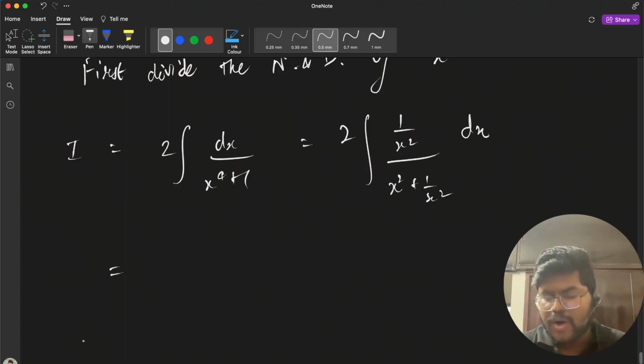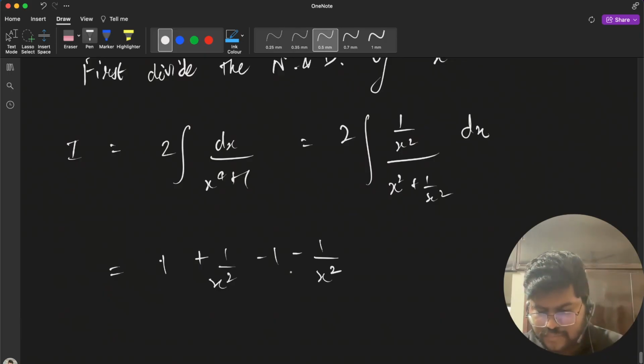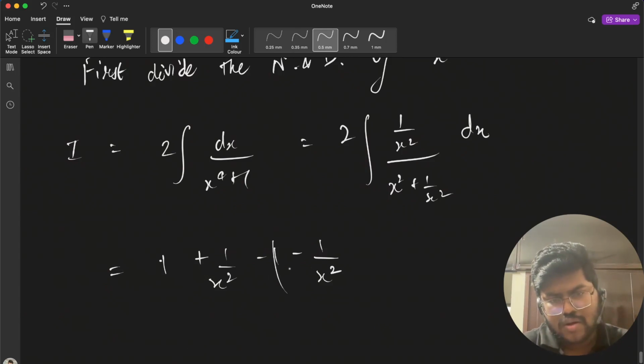So what we'll be doing is adding and subtracting 1 plus 1 upon x square, so it is 1 plus 1 upon x square minus 1 minus 1 upon x square, right? Simple. So this way we are solving, right?